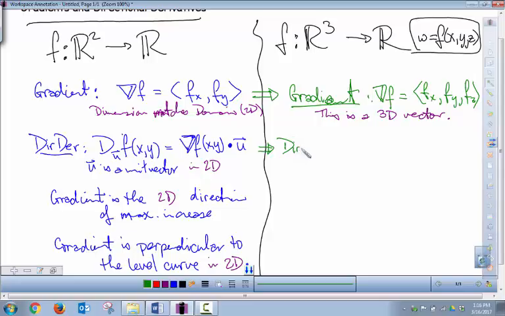So our directional derivative is the derivative of f in the direction of u, and that's equal to the gradient dotted with u, except now u is still a unit vector, but in 3D, a unit vector in 3 dimensions.